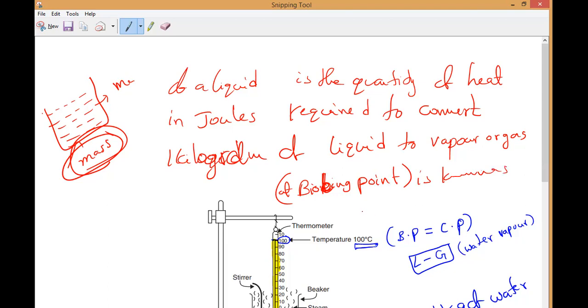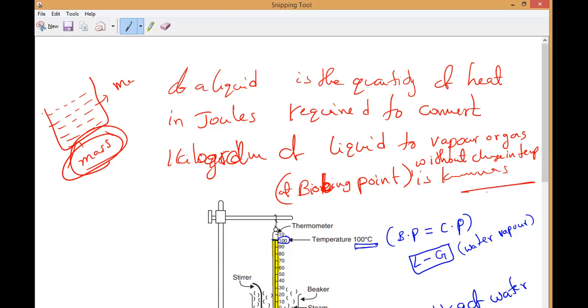Latent heat of vaporization, or we can say latent heat of boiling. And one more point you missed: without changing the temperature. Without changing temperature, that is very, very important. Without change in temperature is known as latent heat of vaporization.